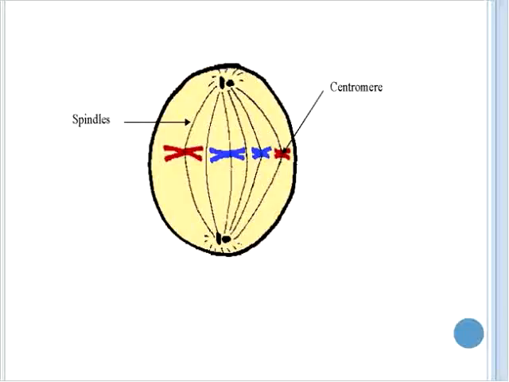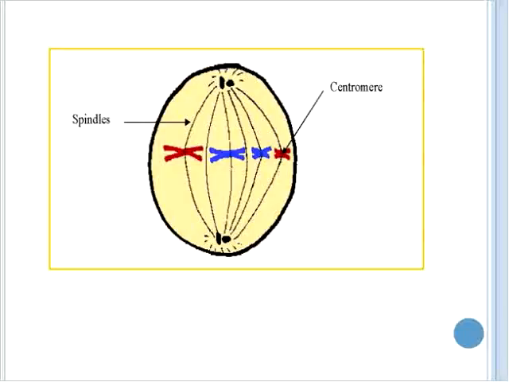To illustrate, with metaphase, the spindles, as you can clearly see, are attached to the centromere in the center of each chromosome. The spindles run to the centrioles or aster, and the chromosomes themselves are aligned in the middle of the cell.